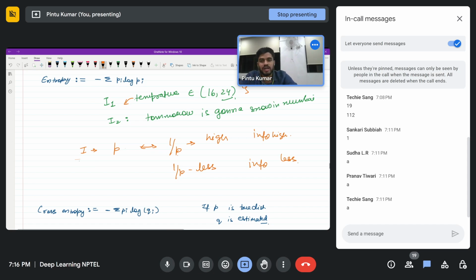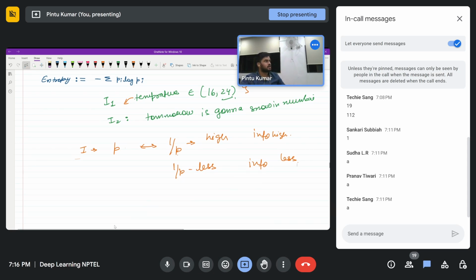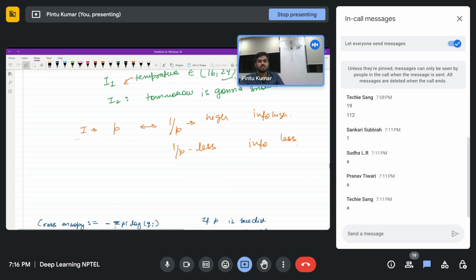Okay, and then we sort of scale it via log. So information is given by something like log of 1 by p that a particular event carries. So that is given by log 1 minus log p.